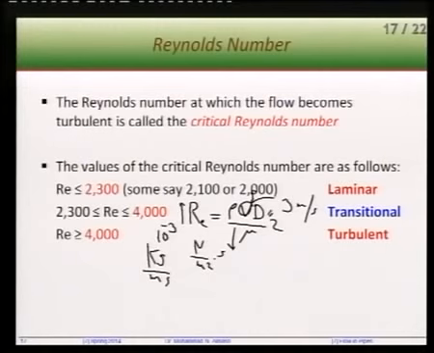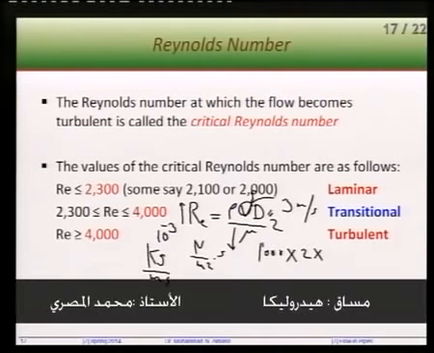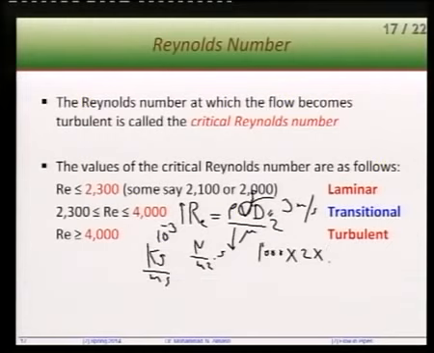So, rho 1000, multiplied by V, multiplied by 2 inches. The inch is 0.0254. That will take forever. I think we can do it.